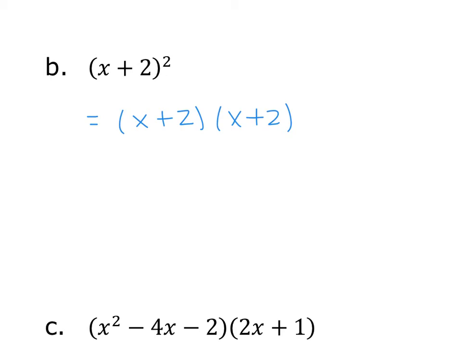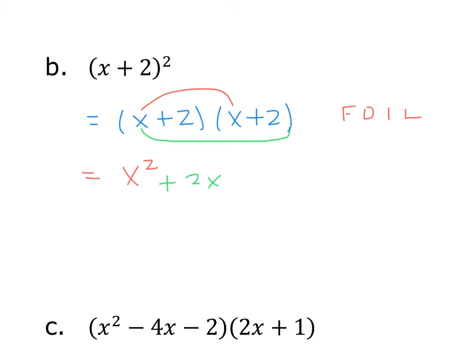And because we've got two binomials, two polynomials that have just two terms, we can use the FOIL method: first, outer, inner, last. So first times first, we multiply the x times the x, and that's going to give us x squared. And then the outer terms, the outermost terms, the x and this 2, give us 2x. The I stands for inner.